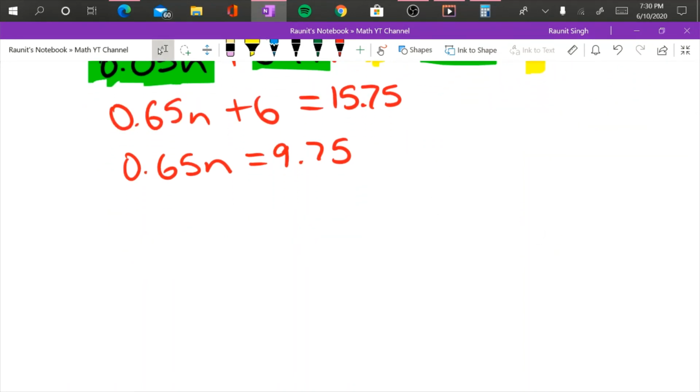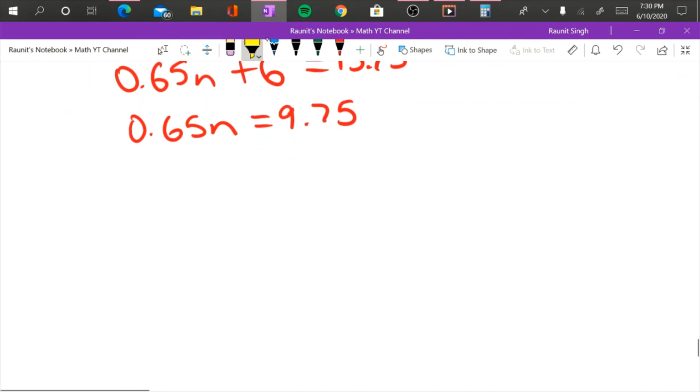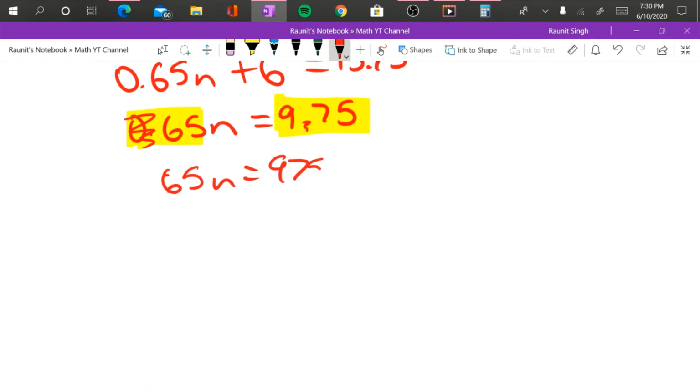Since there are two numbers to the right of the decimal on both sides of the equal sign, we are just going to remove the decimal altogether. We get 65n is equal to 975.